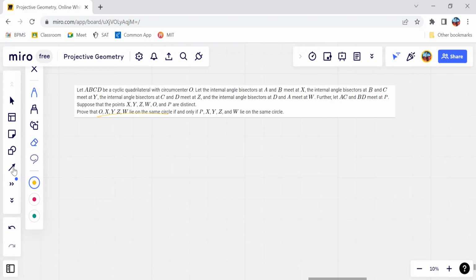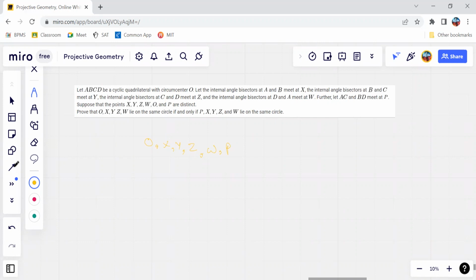So the idea here is to use Pascal's theorem to show that O, X, Y, Z, P, W, and P, these 6 points, lie on a conic, and you'll have to choose the hexagons for Pascal carefully.